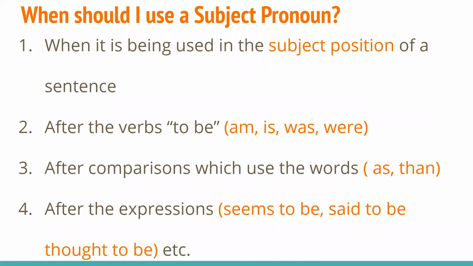The third says after comparisons which use the words as or than. Now you've got to be careful with this one. I'll show you a trick later on. And our last guide says after expressions such as seems to be, said to be, thought to be, essentially use a subject pronoun with any similar phrase, anything to be.